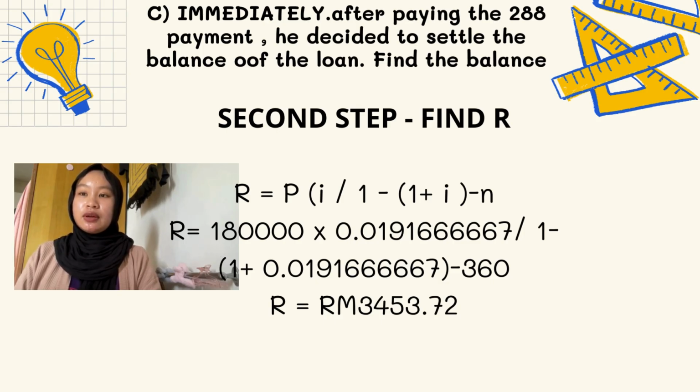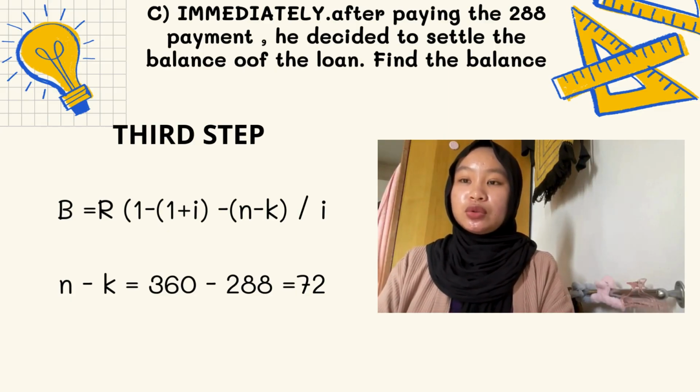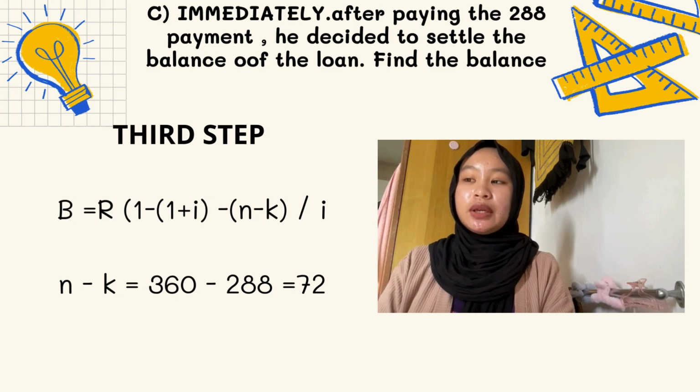P is 80,000 multiplied by 0.019166667 divided by (1 minus (1 plus 0.019166667) to the power of minus 360), and the answer for R is RM 3,453.72.